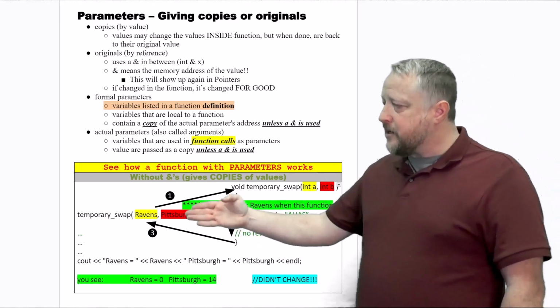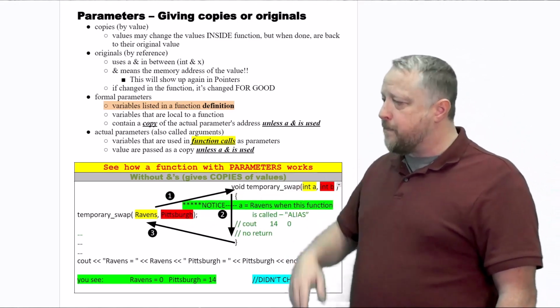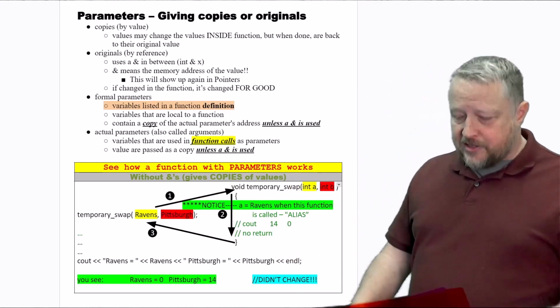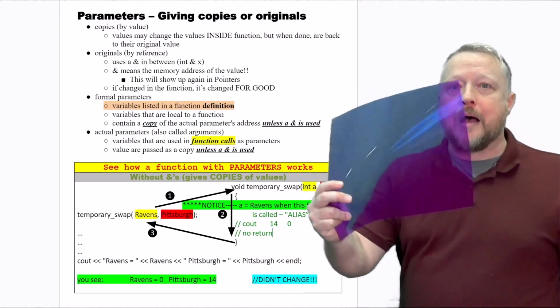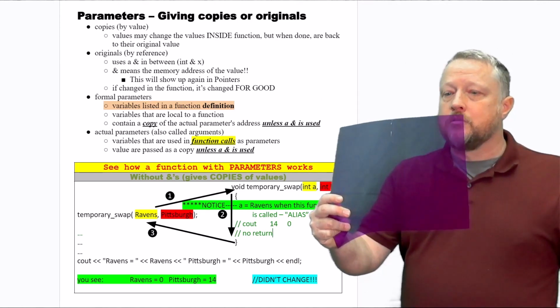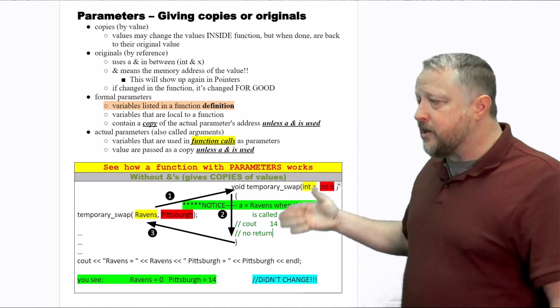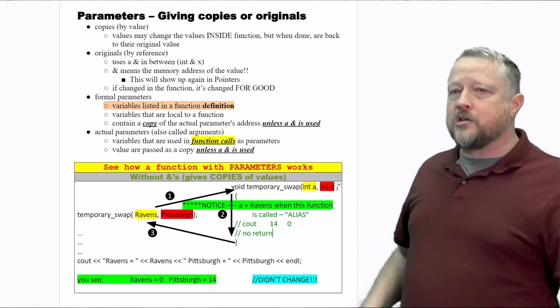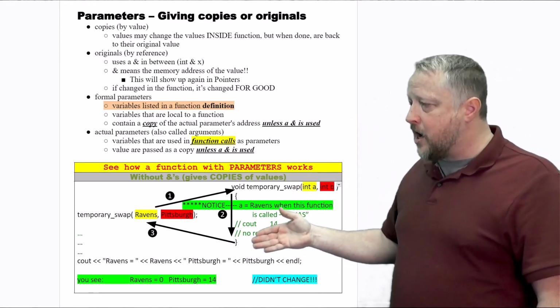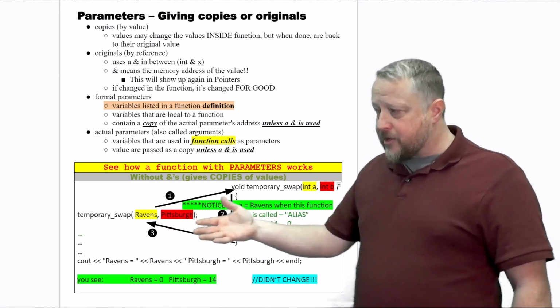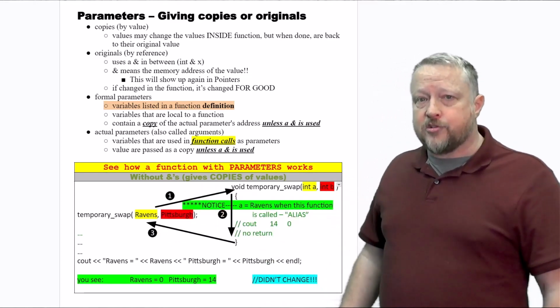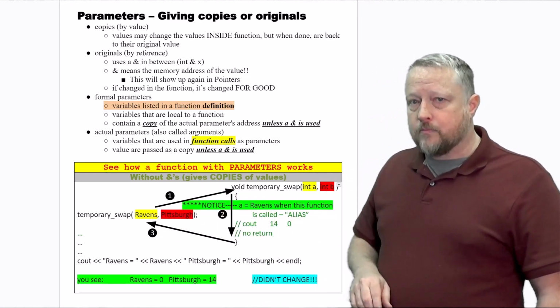Did I physically change the Ravens or the Pittsburgh score? Nope, because I sent copies. I really don't care what happens with the copies. Did the copies change within this function? The answer is yes. But as soon as that function's done, my original two variables that came from somewhere else didn't change at all. That's the important part.